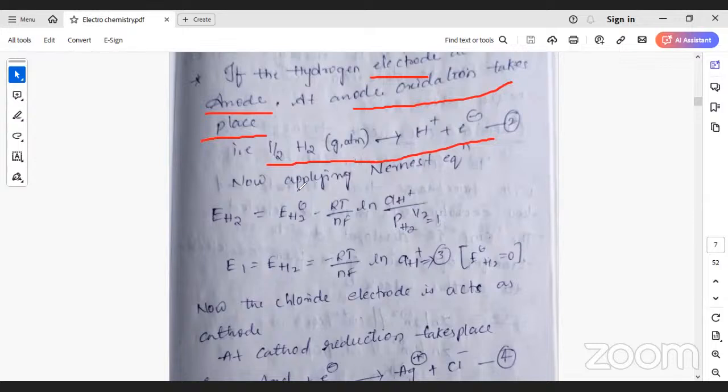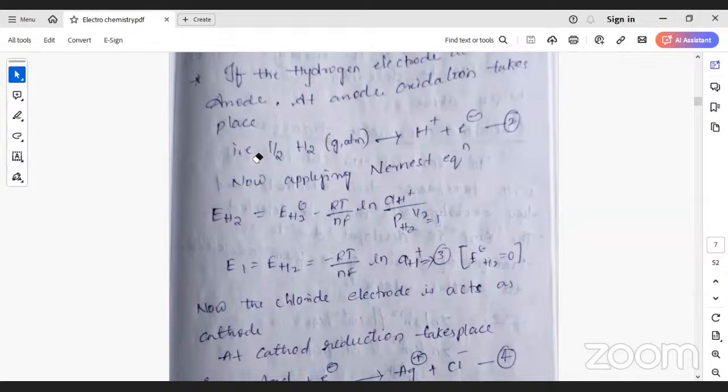So that is the application of the Nernst equation. Keep it in mind: E cell equals E naught cell minus RT by NF ln activity of products by activity of reactants.